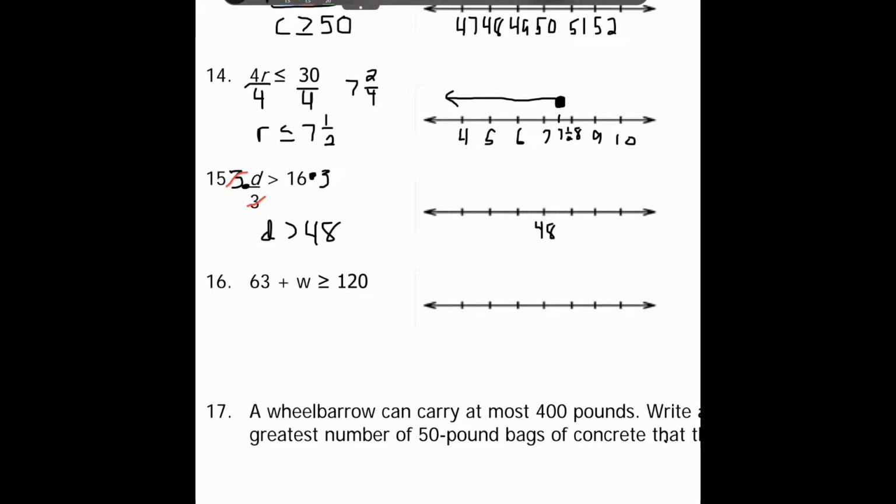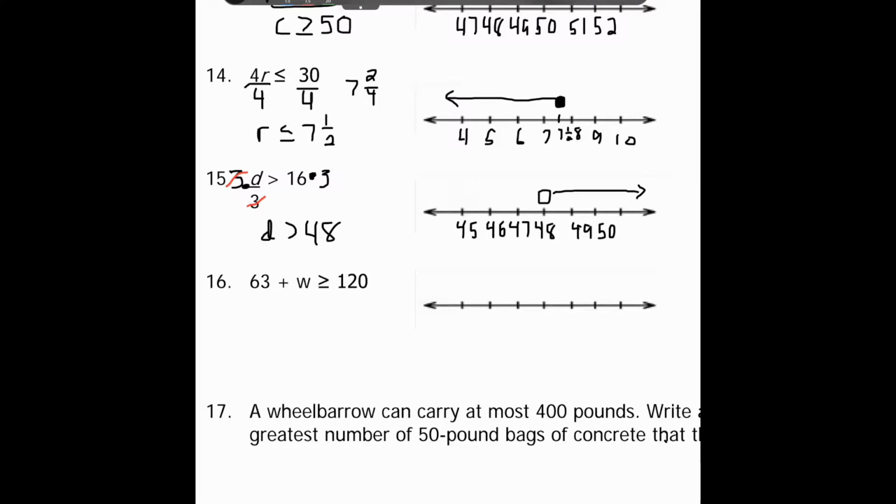I'm going to put 48 on my number line, and a nice open circle above 48. And greater than means our arrow points to the right.